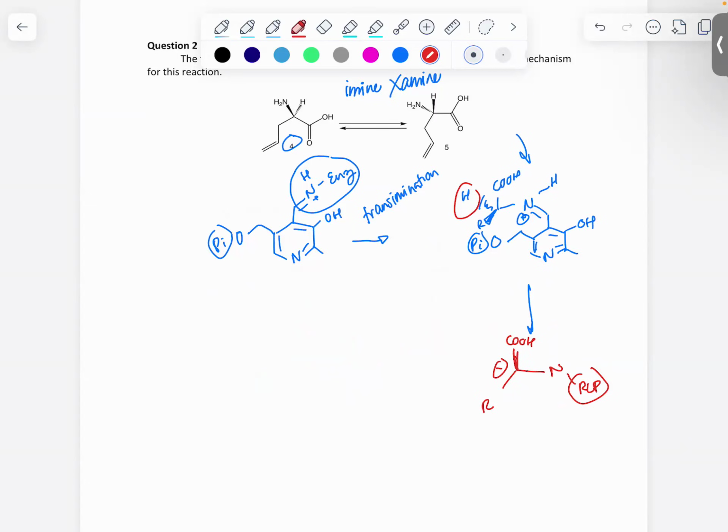And so now the enzyme can put the proton back on in a stereospecific way that changes the chirality of this center.